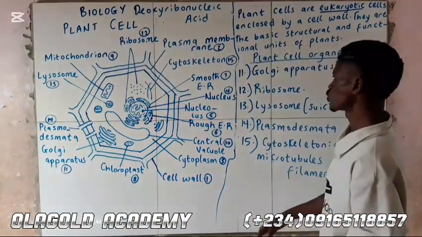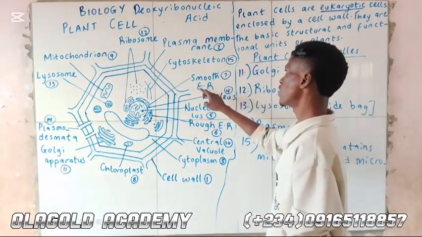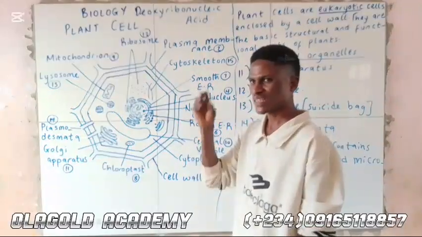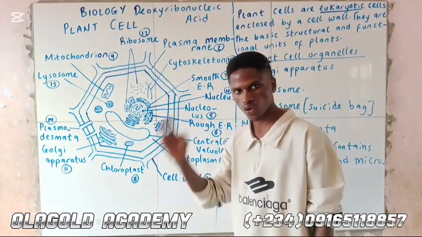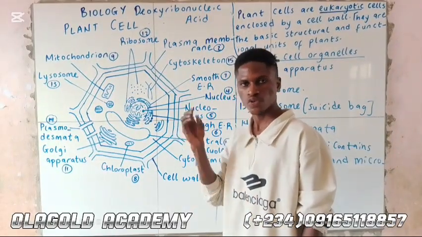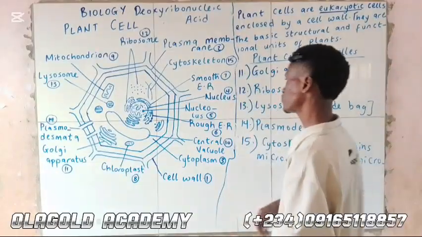Alright, number seven, we have the smooth endoplasmic reticulum. This one, I said, is responsible for the synthesis or the formation of lipids, and also helps to detoxify harmful substances.